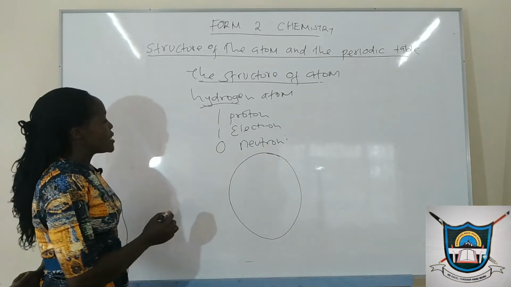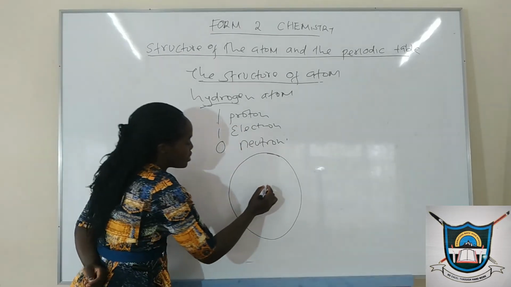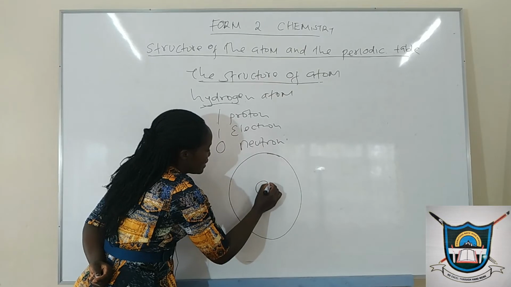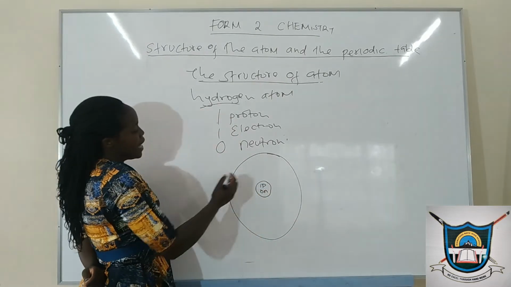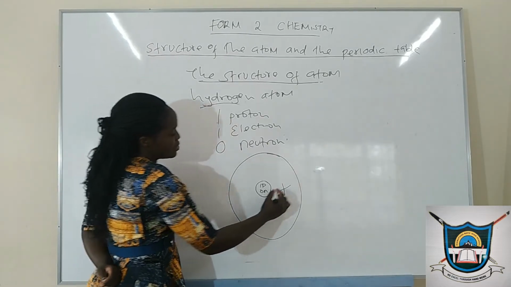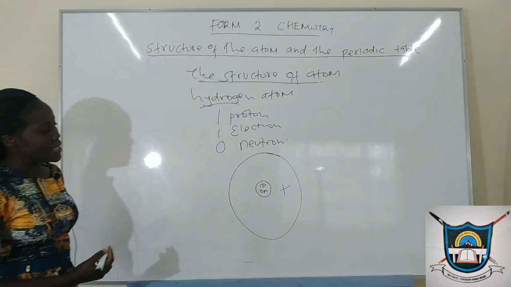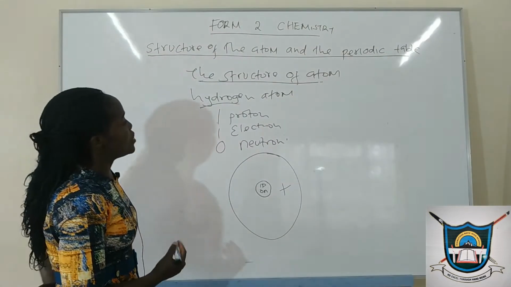So the nucleus will contain one proton and 0 neutrons, and in the outermost energy level we have one electron. That is the structure of hydrogen, the first atom in the 20 elements.